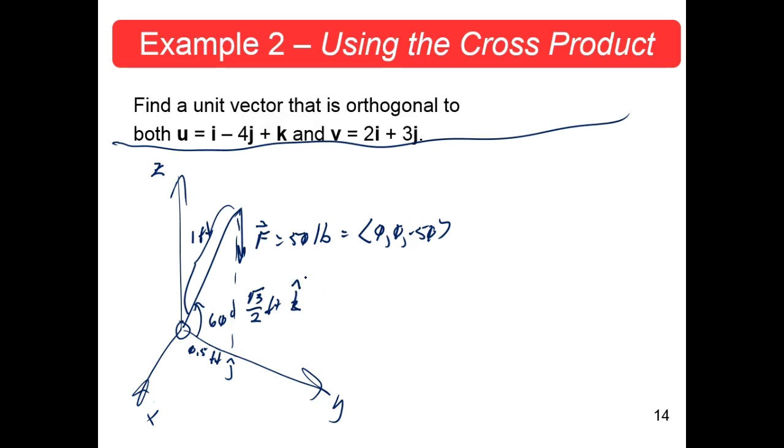Now, therefore, the vector here, if the x component is 0, which it appears it is from the way they've done it, would be 0, 0.5 j, and root 3 over 2 in the k direction.